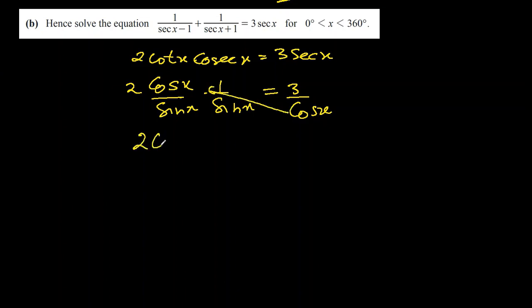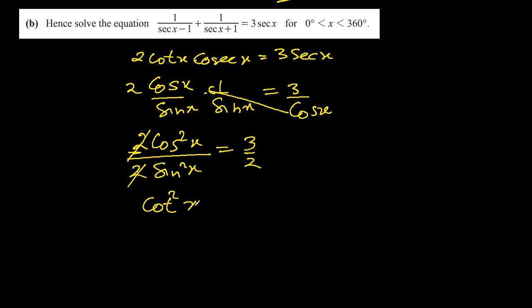It becomes 2 cos square x over sine square x equal to 3. Let's get rid of this 2, so divide by 2 here, divide by 2 here. So 2 and 2 cancel out. Cos square over sine square is cot square x equal to 3 over 2.